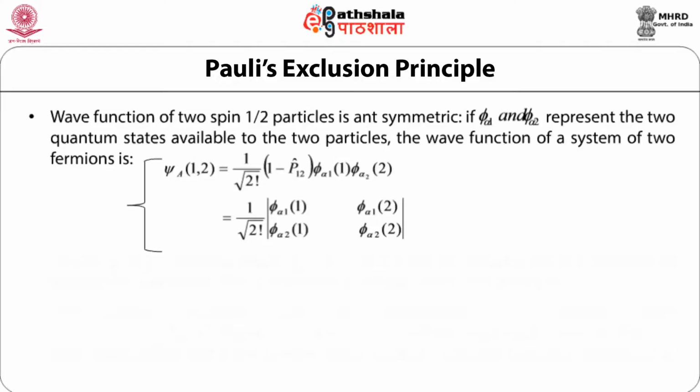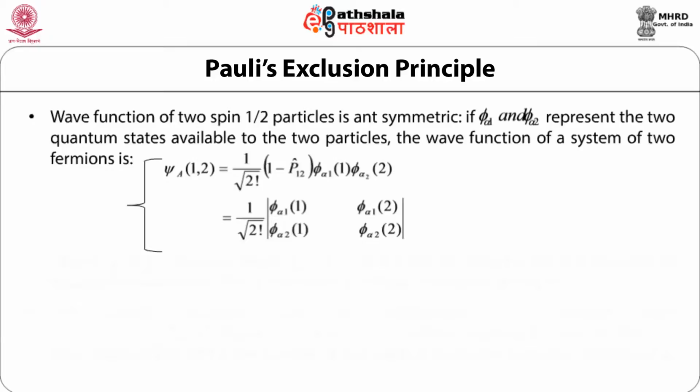That is, mathematically it can be written as 1 upon root 2 factorial times the determinant with first row φ_α1(1), φ_α1(2), and in the second row φ_α2(1), φ_α2(2), where φ_α1(1) represents the first fermion in state α1, and φ_α1(2) represents the second fermion in the state α1.